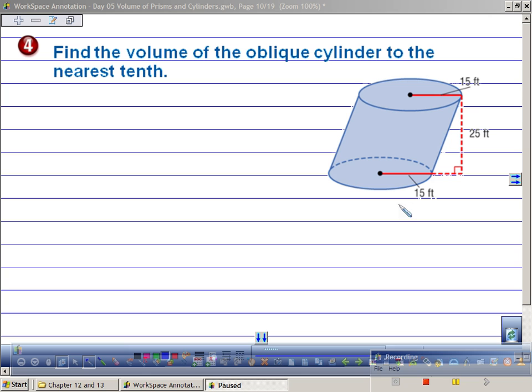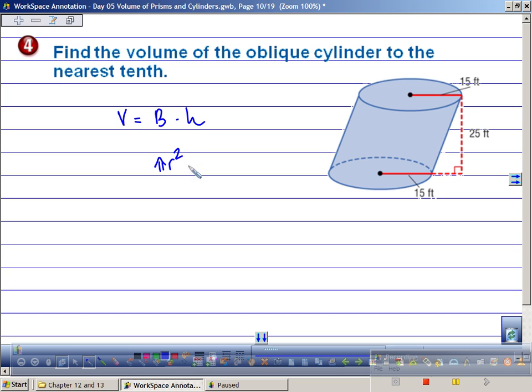When we had the quarters, wouldn't they be the same volume if we just made the quarters slant? So wouldn't this have the same area using the same formula? So volume equals base times height. What's the base area of that base? Pi r squared.